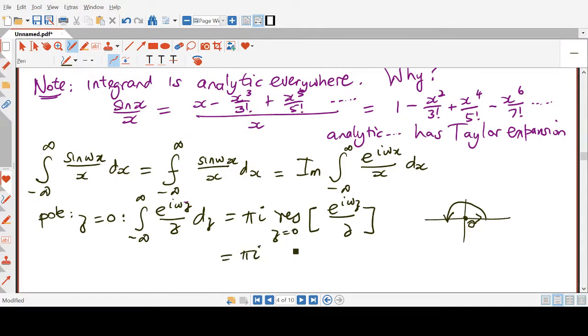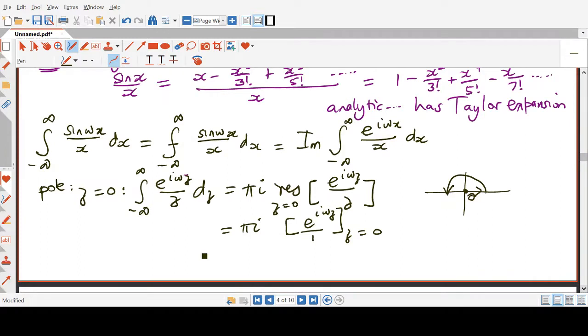It's a real pole, so there's only one pi i. Differentiate the denominator, it's e to the i omega z over 1, and you plug in z equals to naught. So the answer is pi i. Right?